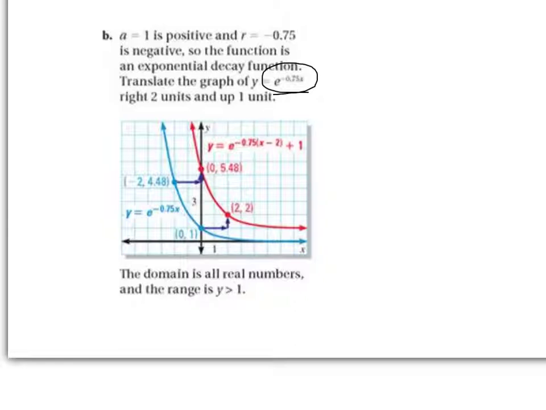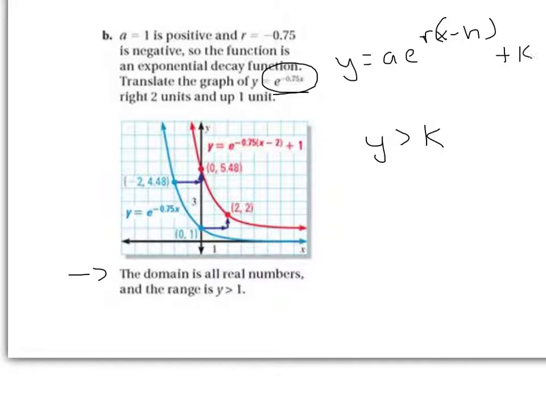That's what that meant. The domain is all real numbers, because they always are. The range, y is greater than 1. It's always going to be y is greater than your k. Okay? Because remember, we still have that k.